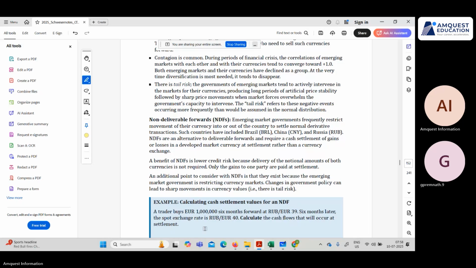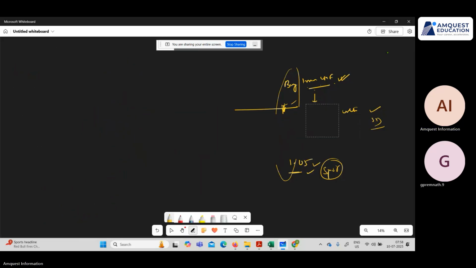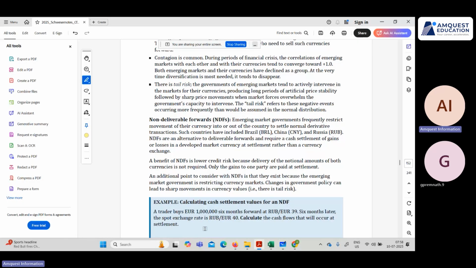Okay. Before solving the question, we'll just understand what is likely happening in this. Ideally, when it says the trader buys 6 months forward, is it right to say that he will buy 1 million?